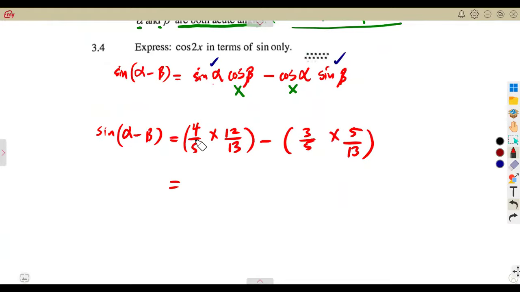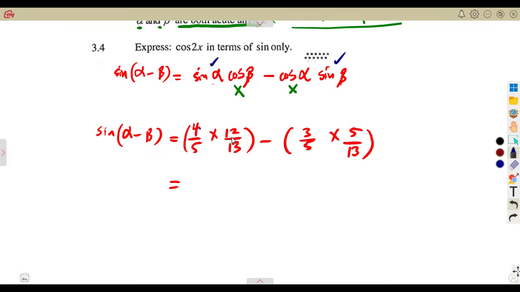So you can simplify. Like I said, if you're to consider this not to have a challenge, you're going to see that the denominators there are actually the same. This is 5 and 13, 5 and 13. So for you to maintain those denominators, multiply the numerators together, denominators together separately.